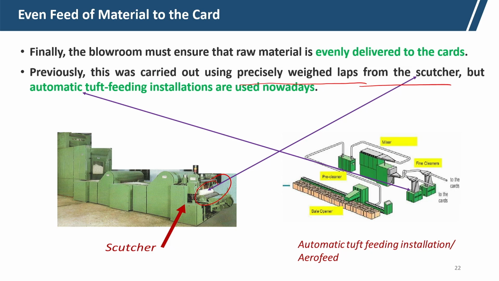Here in the lap we used to have proper weighing, but in the automatic system, where the fiber tufts come directly, automatic tuft feeding, it is very difficult, we cannot do that. So it is important to blend properly during this stage.